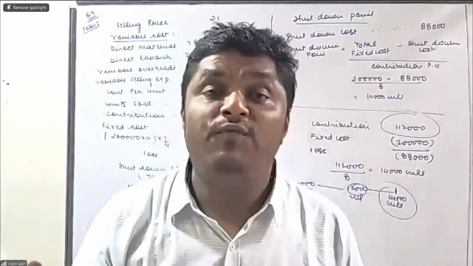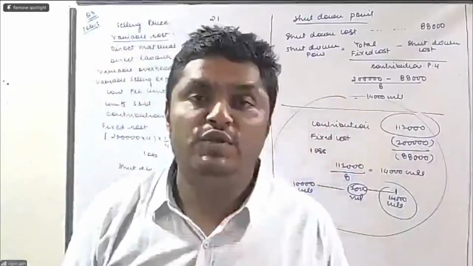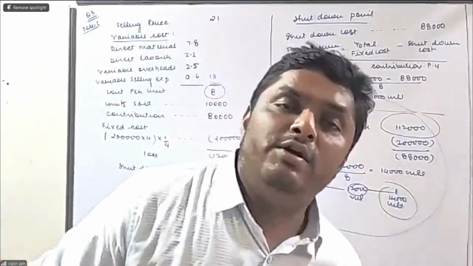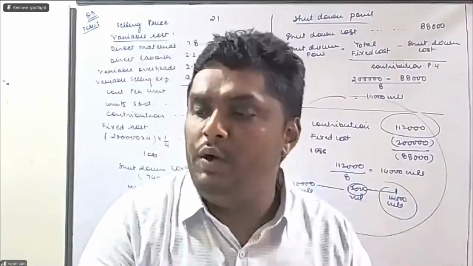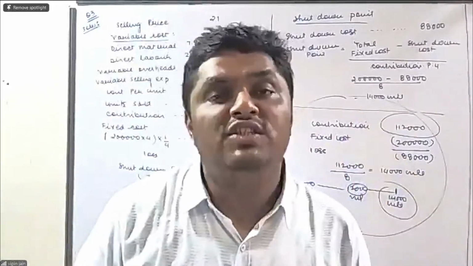And how come this formula is derived? I have done this explanation. So this is shutdown point. That is the point where we are indifferent. That is 88,000, बंद करेंगे तो भी loss होगा और चालू रखेंगे तो भी 88,000 loss होगा. So this 14,000 units is my shutdown point.